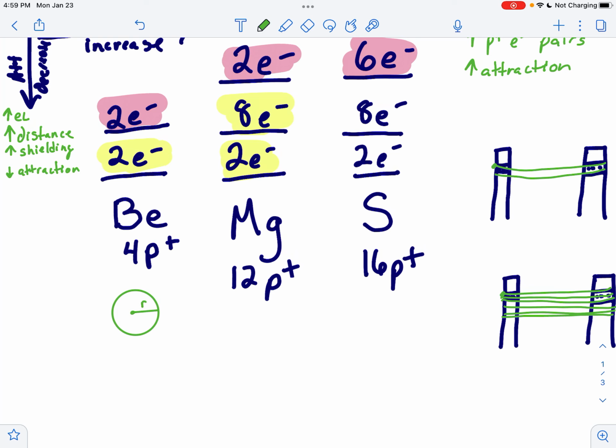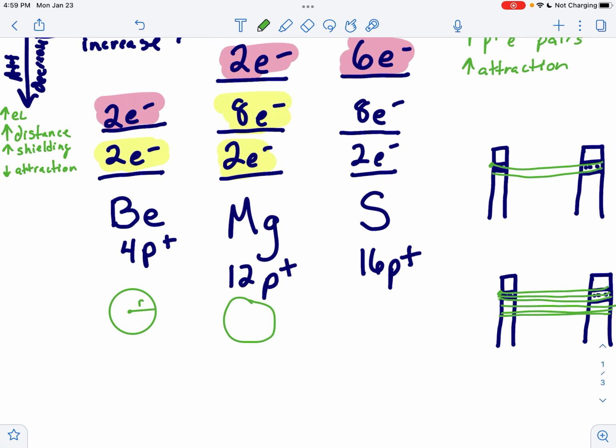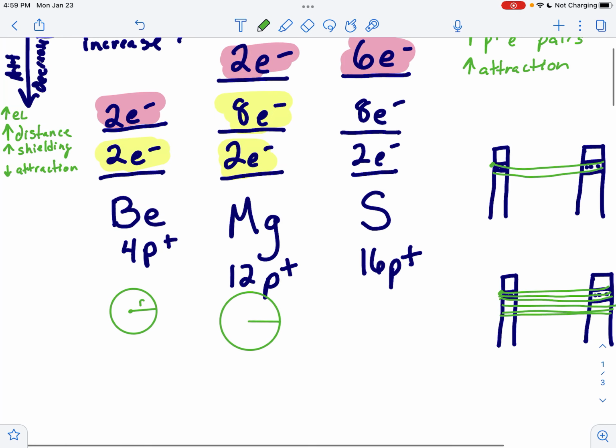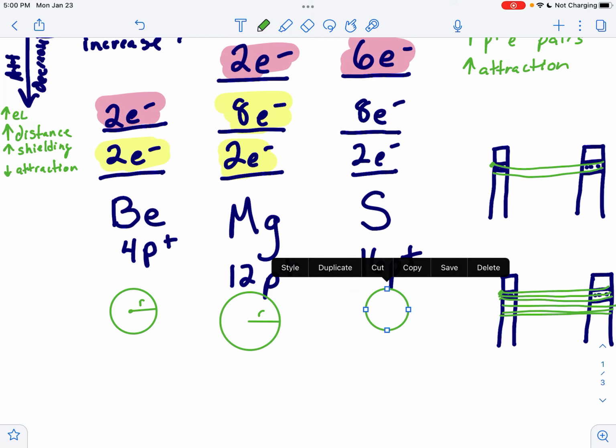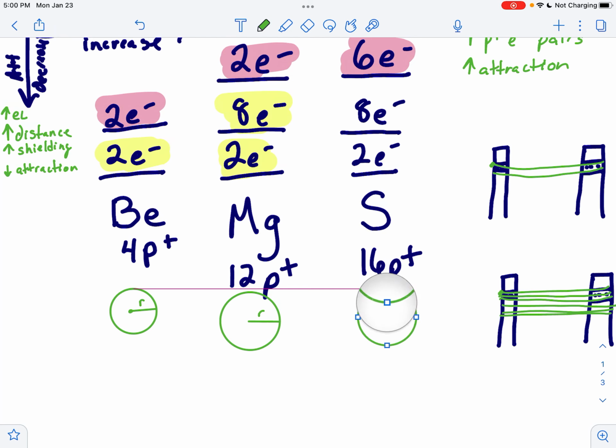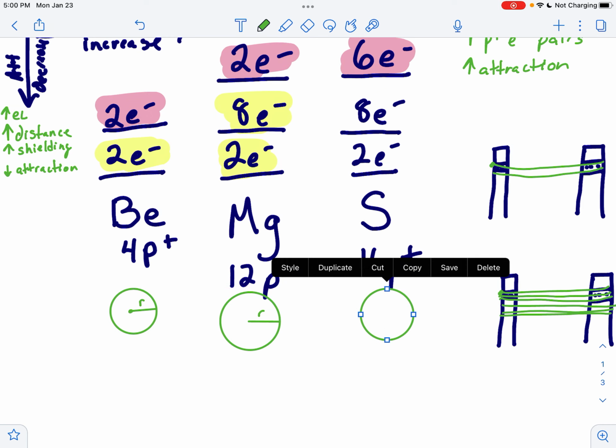So beryllium is obviously going to have a smaller atomic radius than magnesium because it has fewer energy levels. Sulfur, because it has a higher number of proton-electron pairs, is going to be smaller than my magnesium because it has more attraction. Still going to be bigger than my beryllium because it has an extra energy level.